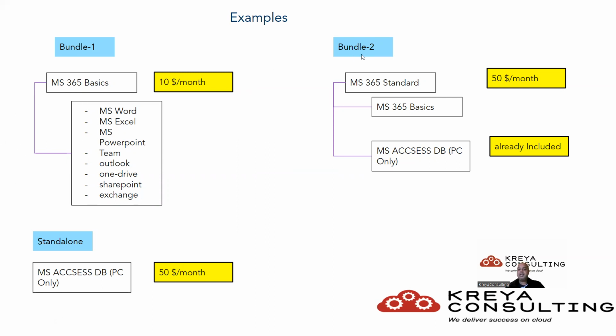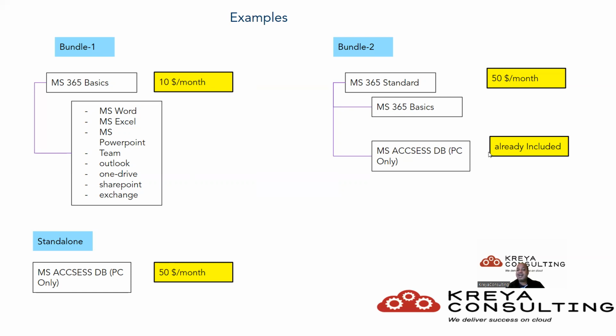Another bundle configuration I can do is MS 365 Standard, where I have my MS 365 Basic already included, as well as my MS Access DB also included in the MS 365 Standard, whose price is already included.